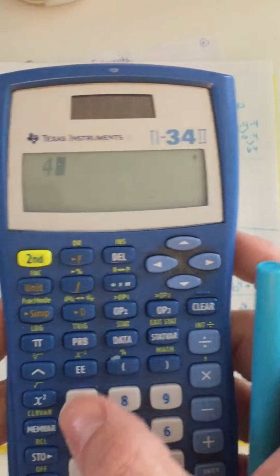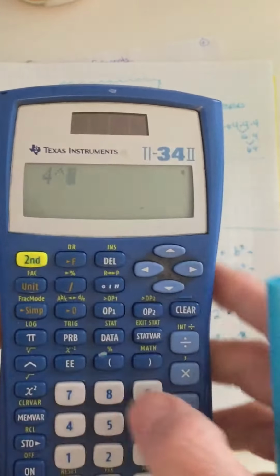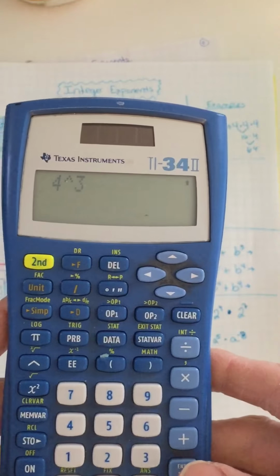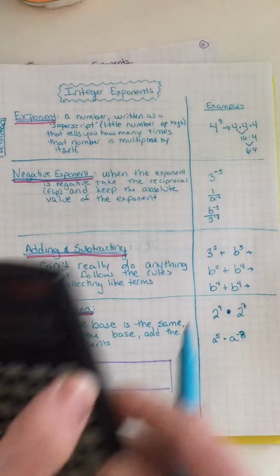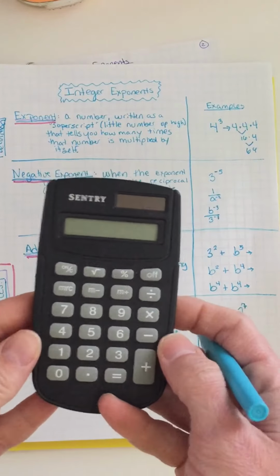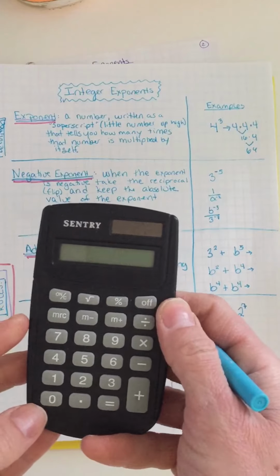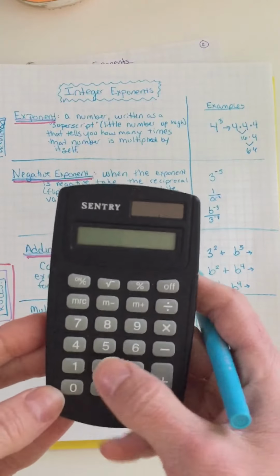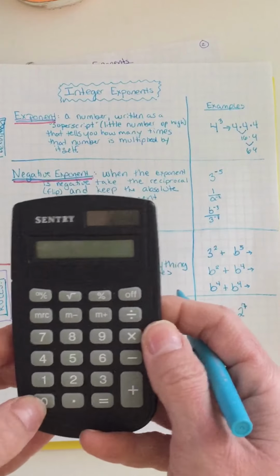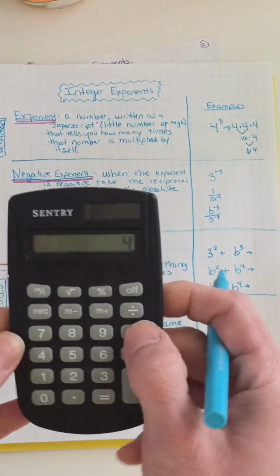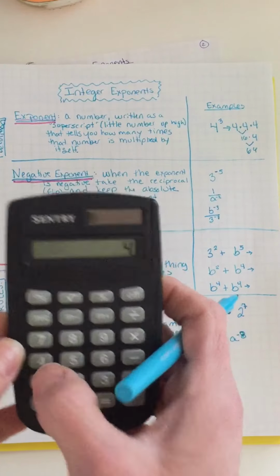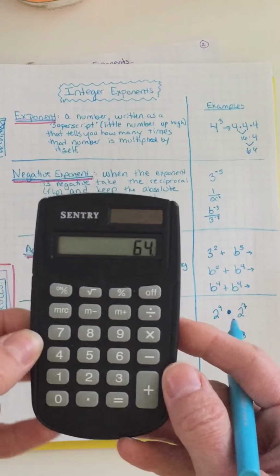Same thing: 4 to the third power, enter. If you just have a handheld calculator, the little cheap ones, which is fine, there's no shortcut for it, so you would just have to do 4 times 4 times 4, and just count how many times you're doing it.